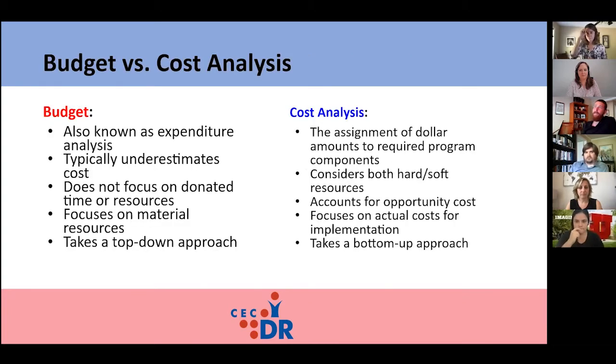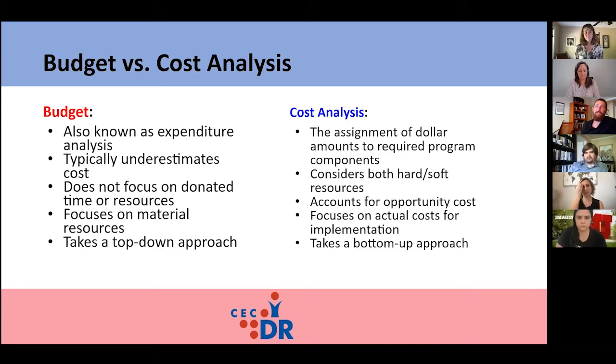So with that, let's talk a little bit about a budget and cost analysis. Sometimes these terms might be confusing, but they're actually very different. A budget is also known as an expenditure analysis. One of the problems with a budget is it typically underestimates costs.